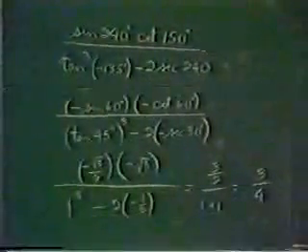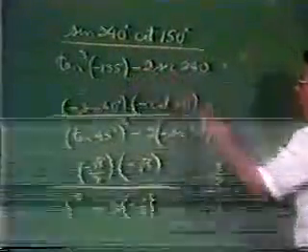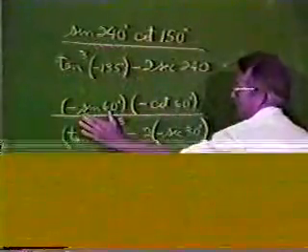Let's look now at the next example. We have the sine of 240, cotangent 150, tangent cubed of minus 135, and so on. We have these angles larger than 90, so quickly let's look at the next line. The sine of 240 is minus the sine of 60.